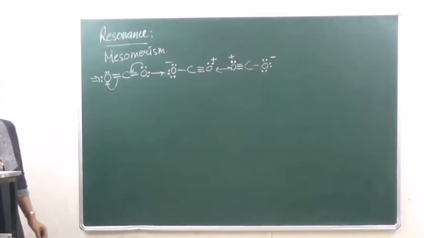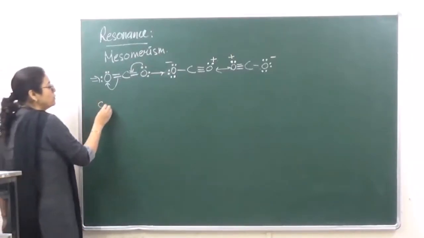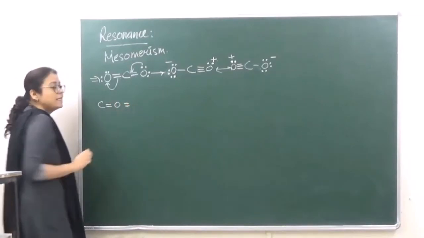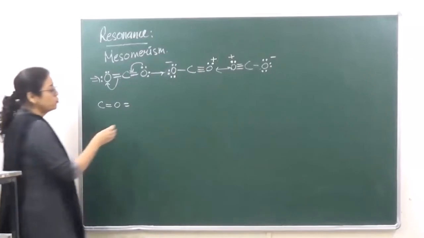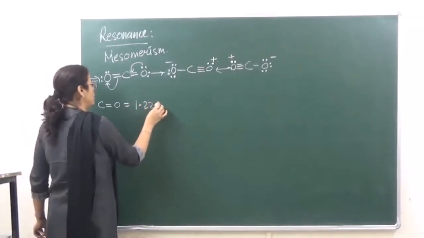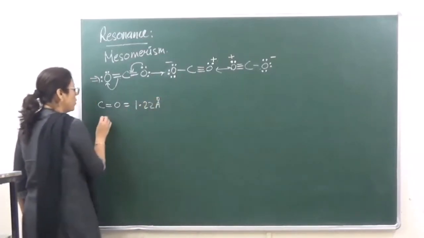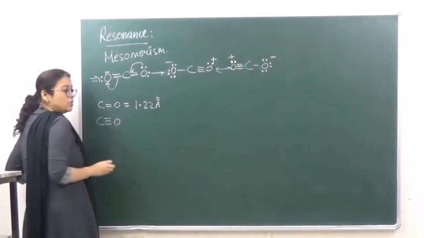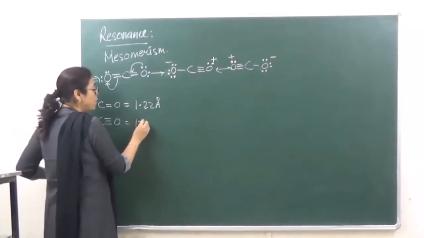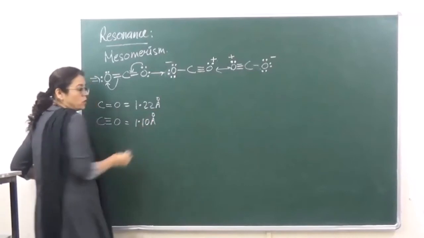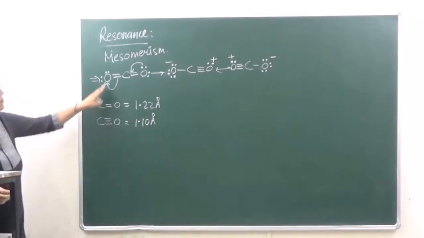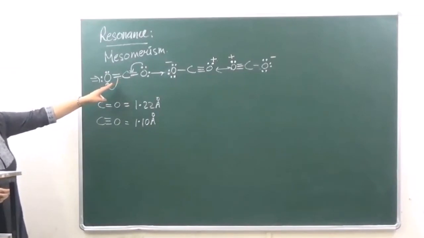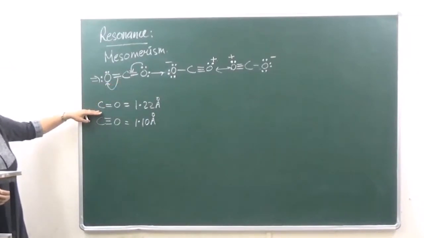When we are looking at the bond lengths of these molecules, the bond length of C double bond O is 1.22 angstrom, and that of C triple bond O is 1.10 angstrom. Looking at this structure, because both are double bonds, the bond length should be 1.22.